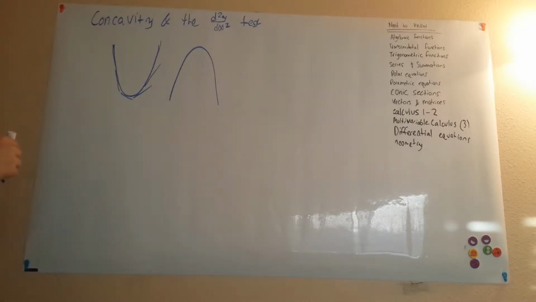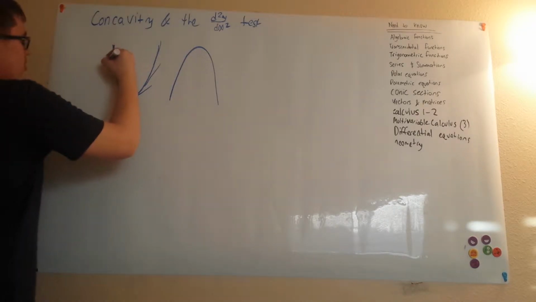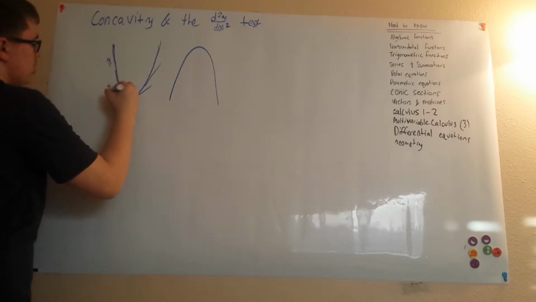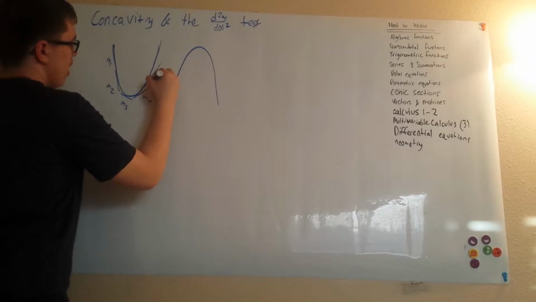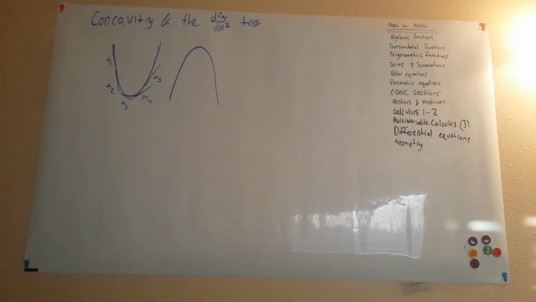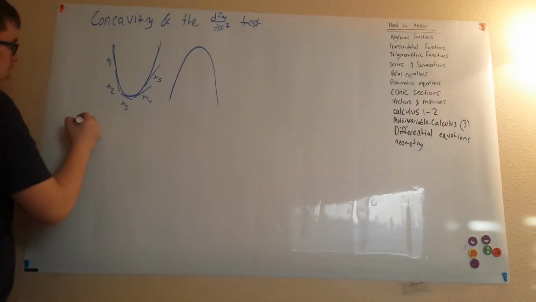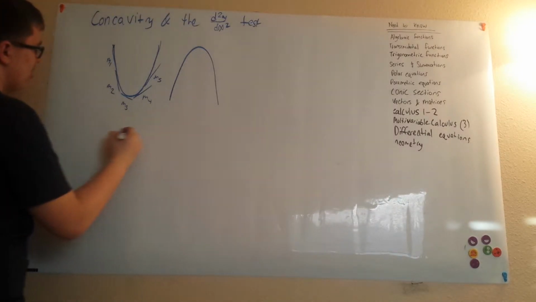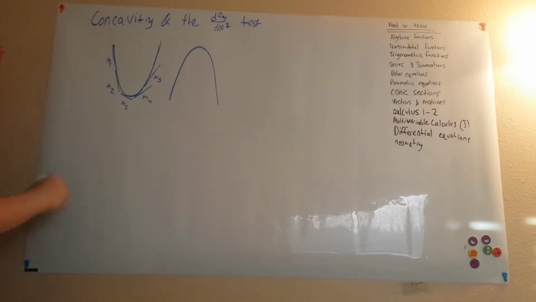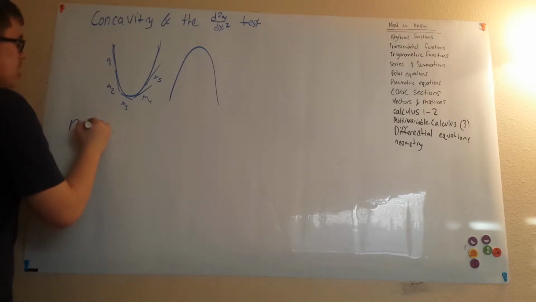Let's call the slopes M1, M2, M3, M4, M5. Which one's the biggest? It's M5, right? Which one's the least? It's the one that's most negative.